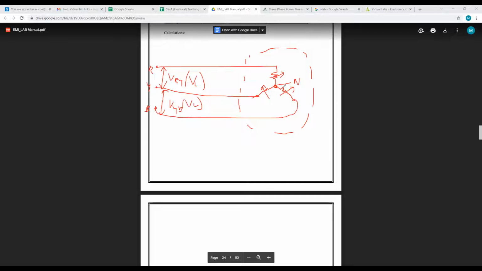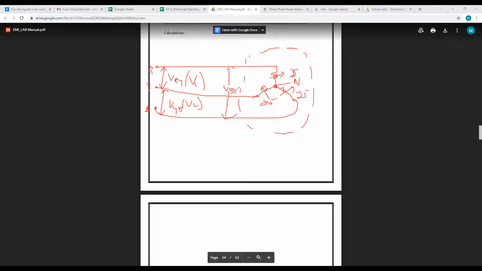If the load is balanced, suppose this is 25 watt, this is 25 watt and this is also 25 watt, then VL is the same for all. If the load is unbalanced, then the voltage between these two terminals is different, between these two terminals is different, and the voltage between R and B is also different. We call it VRB, VBR.